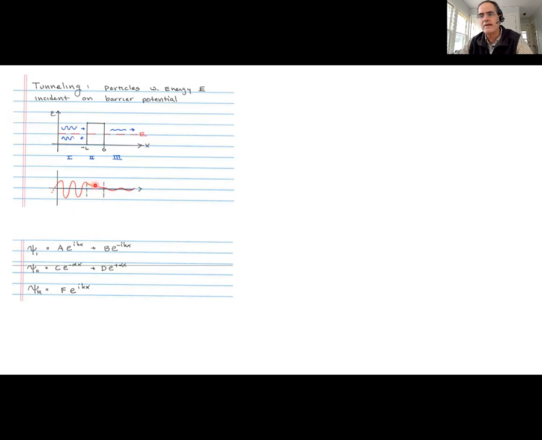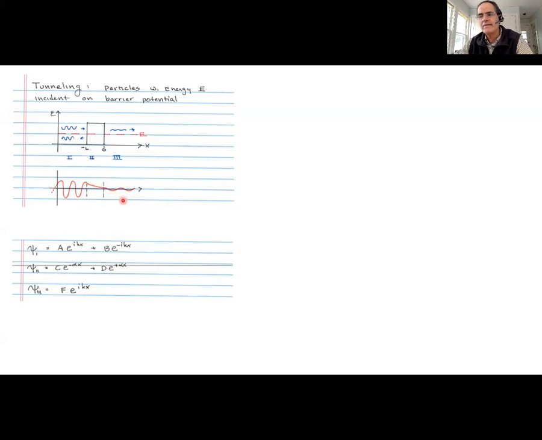As we move to the right, the amplitude decays. And then we have this term, D e to the plus alpha x. This would represent something that blows up as we move to the right. Now, it's a solution of Schrodinger's equation. It's not yet clear if it's an important part of this problem or not, but we have to leave it in for the moment.